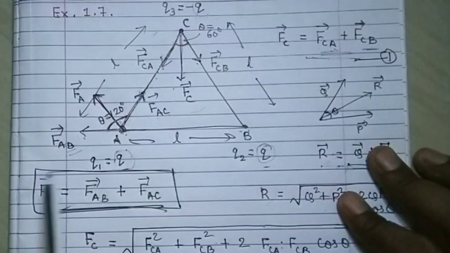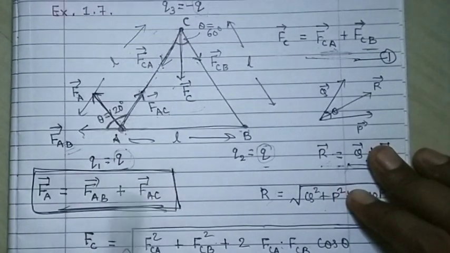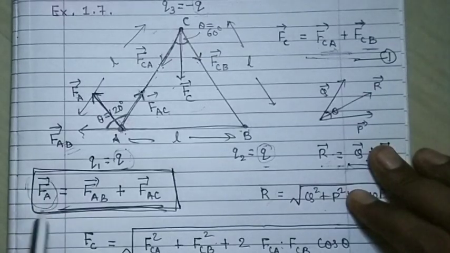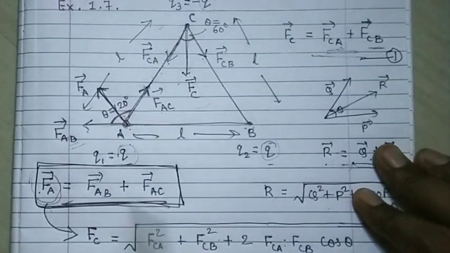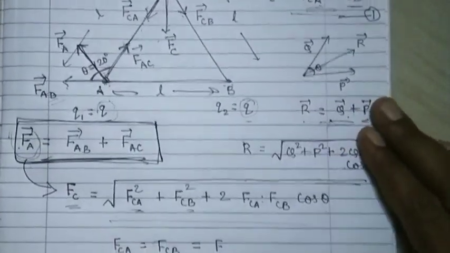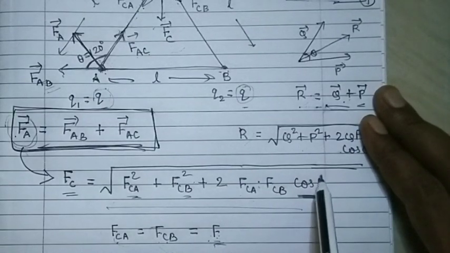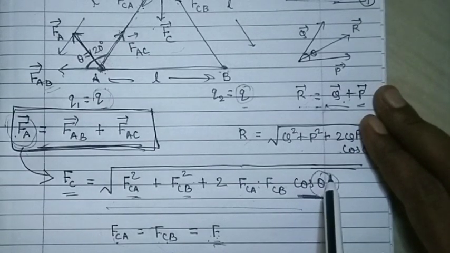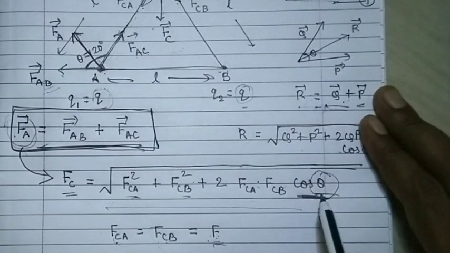So this equation we obtained in a vector form, and then the magnitude of the force on A can be obtained in a similar way like that which we obtained earlier for C. The difference here will be only this cos theta. Earlier the angle was 60, but now the angle is 120. So here the difference is only the angle.